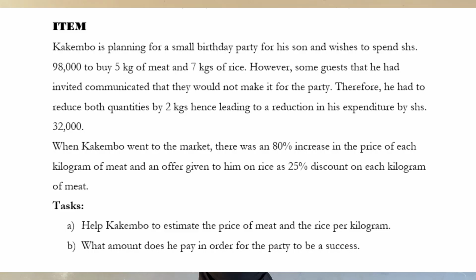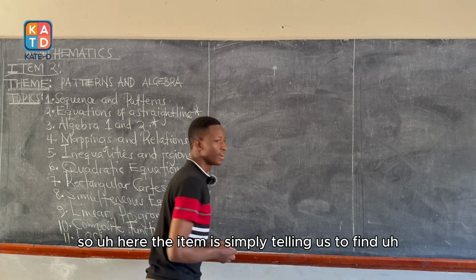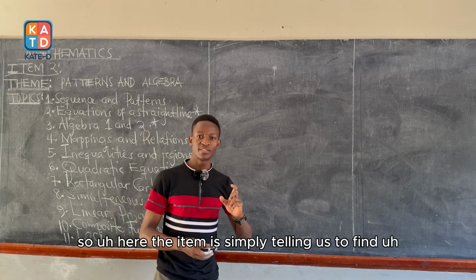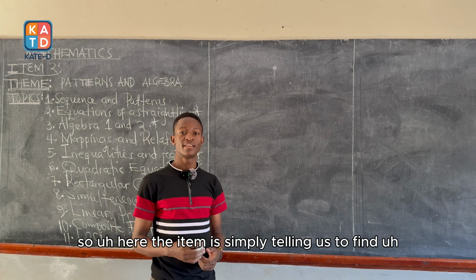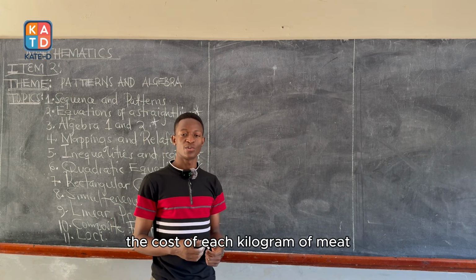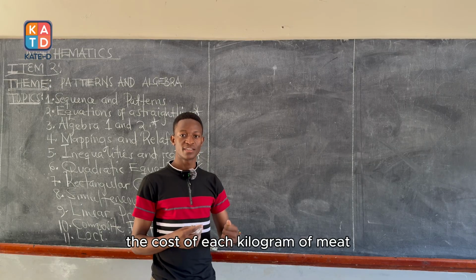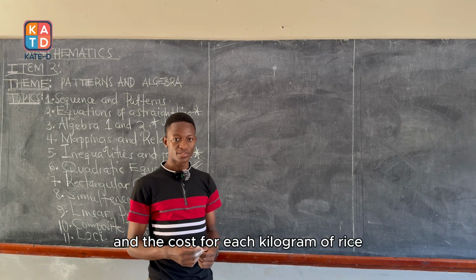Part A, help Kakembo to estimate the price of meat and the price of rice per kilogram. Part B, what amount does he pay in order for the party to be a success? So here the item is simply telling us to find the cost of each kilogram of meat and the cost for each kilogram of rice.